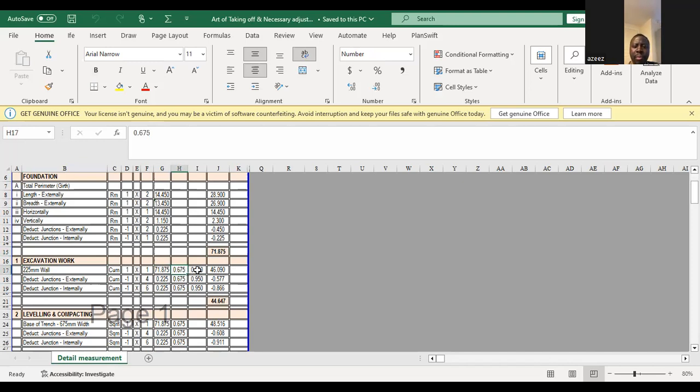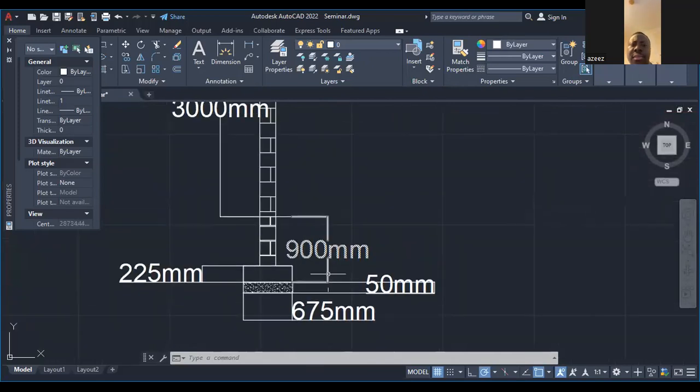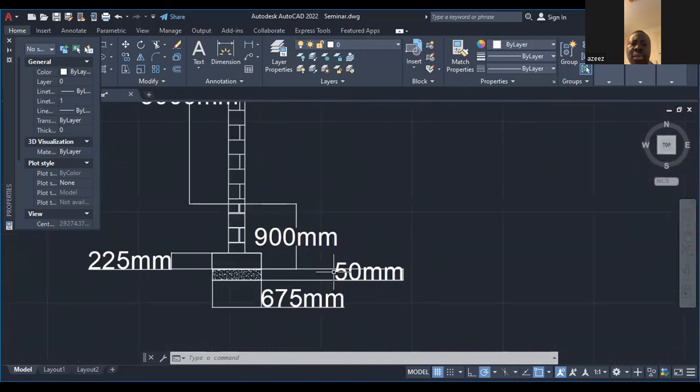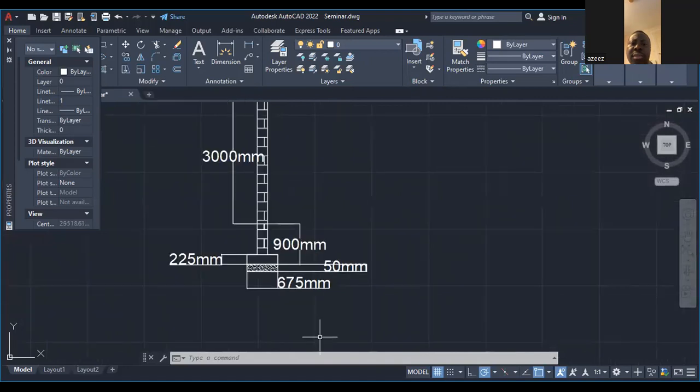Then I use the depth of the foundation, which I show here. You can see the width is 675 and the height is 900. Then there's 50 mm blinding, which makes this 950.